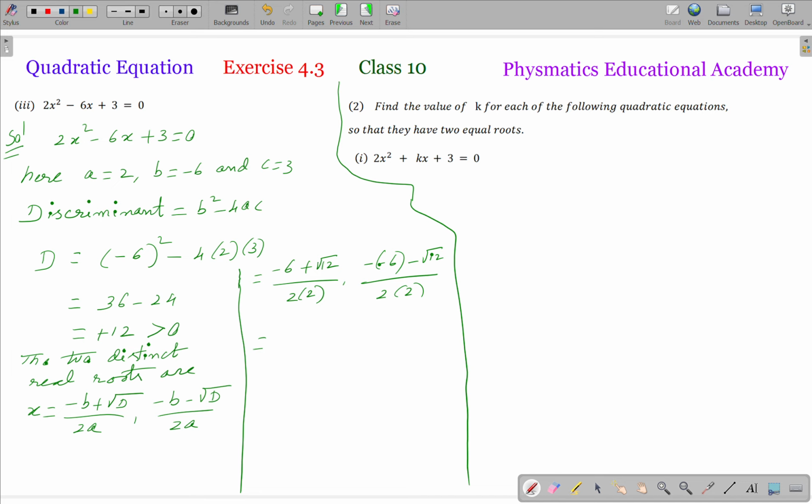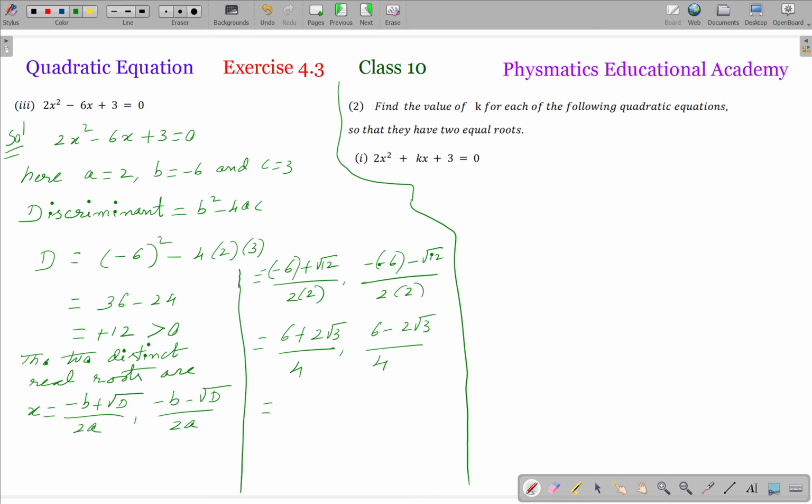A further simplification: minus of minus 6 becomes 6 plus 2 root 3 by 4, comma, 6 minus 2 root 3 by 4.